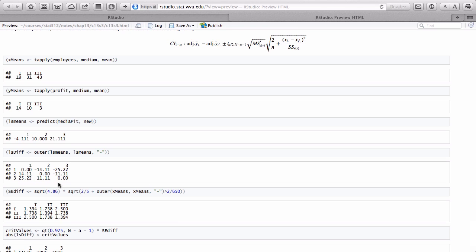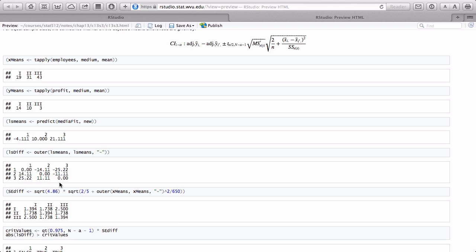Now notice you have 0 on the diagonal, because y bar sub i adjusted minus y bar sub i adjusted is 0. If I'm taking differences of the same adjusted mean, it's always going to be 0. Now notice I only really need the lower diagonal or the upper diagonal, because the adjusted mean of y bar 1 minus the adjusted mean of y bar 2 is in fact 14.11.